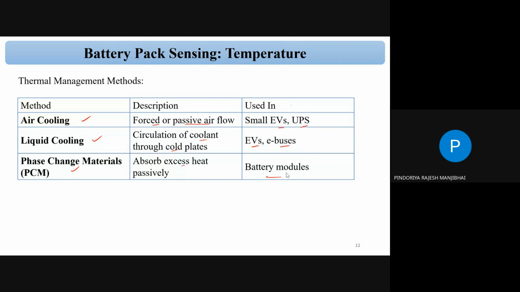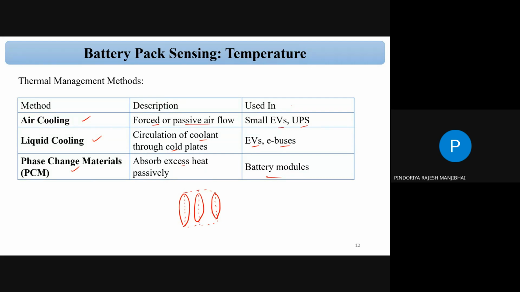So normally we have a tank, and suppose this is the tank. Inside the tank, liquid is there, and this is the flow.